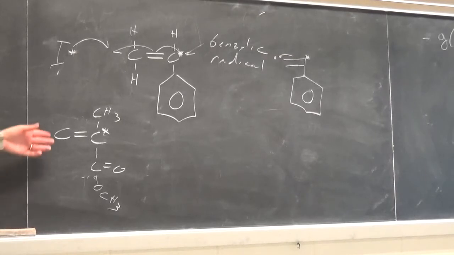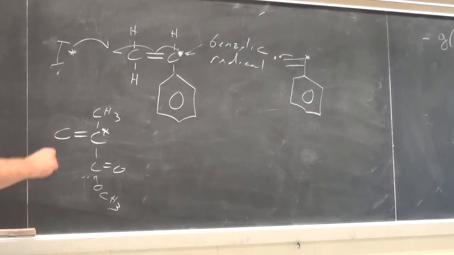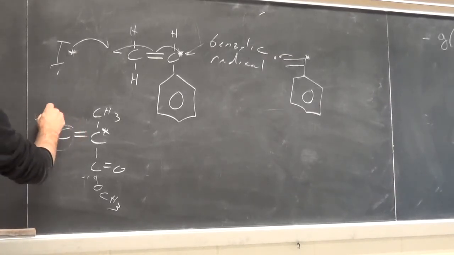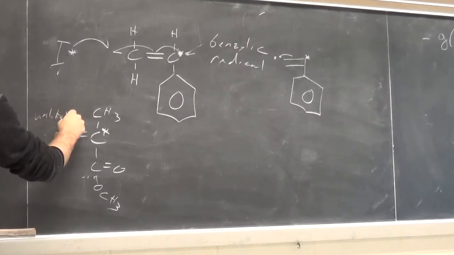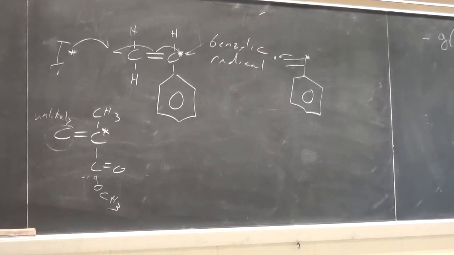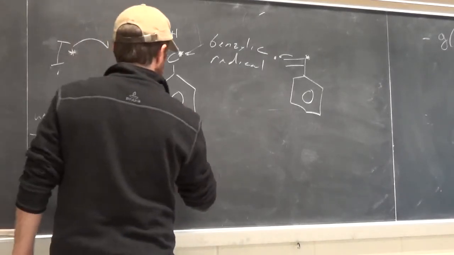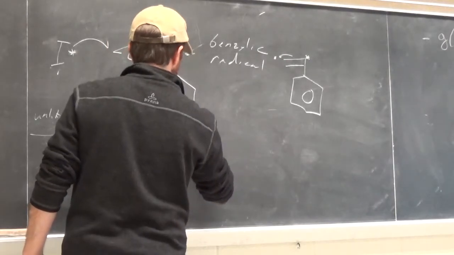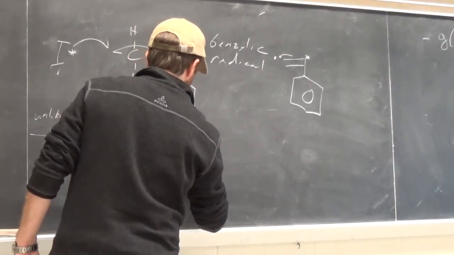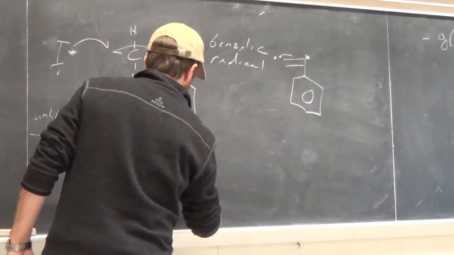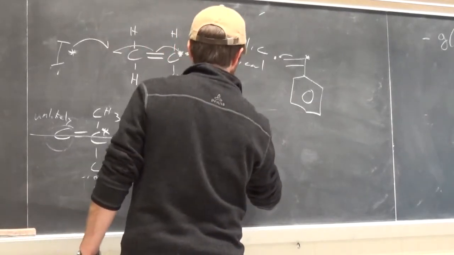It's pretty simple in these sorts of monomers because this is very unlikely in most cases. Most things will propagate this way, so you'll attack another methacrylate, etc.